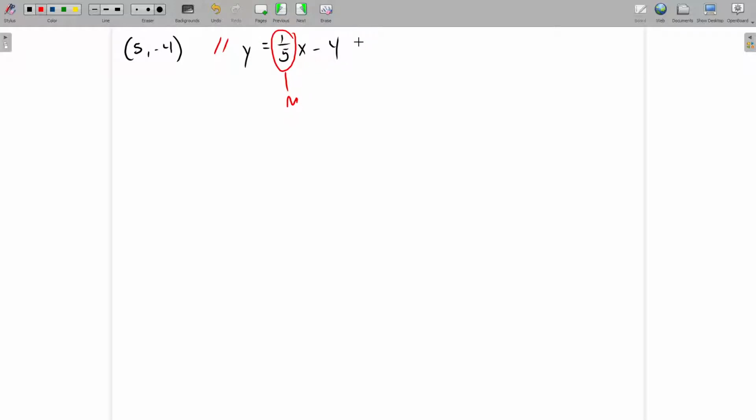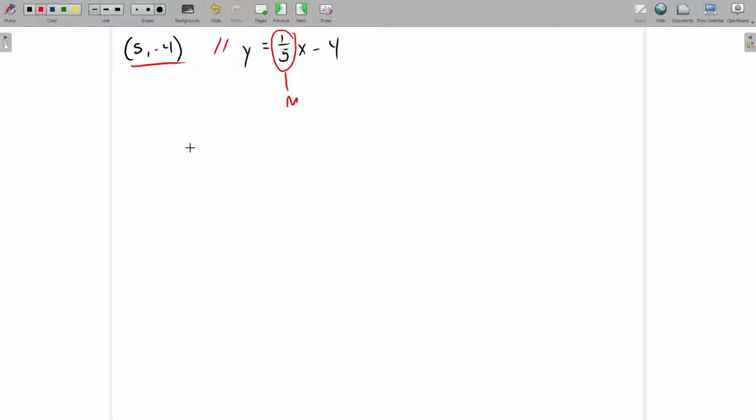So if I take the equation that I'm given, I can take this slope 1/5 and let that be the slope of the line that is going to be parallel to this given line. So I know my slope, I know m, and I'm also given a point. Well, we know how to find the equation of a line with a slope and a point. We can do it a number of ways. We can use slope-intercept form, or we can use point-slope form.